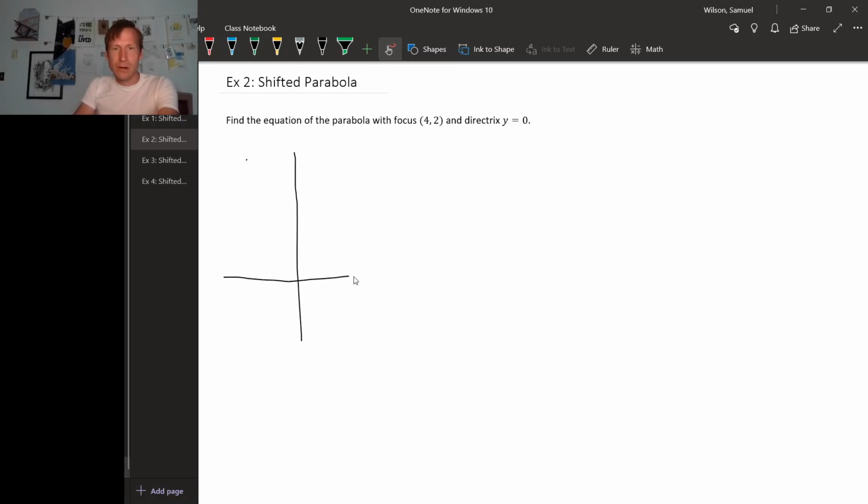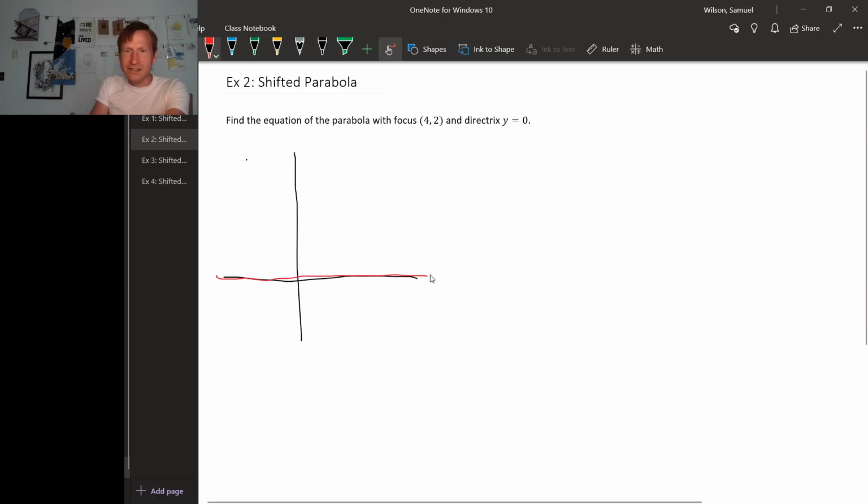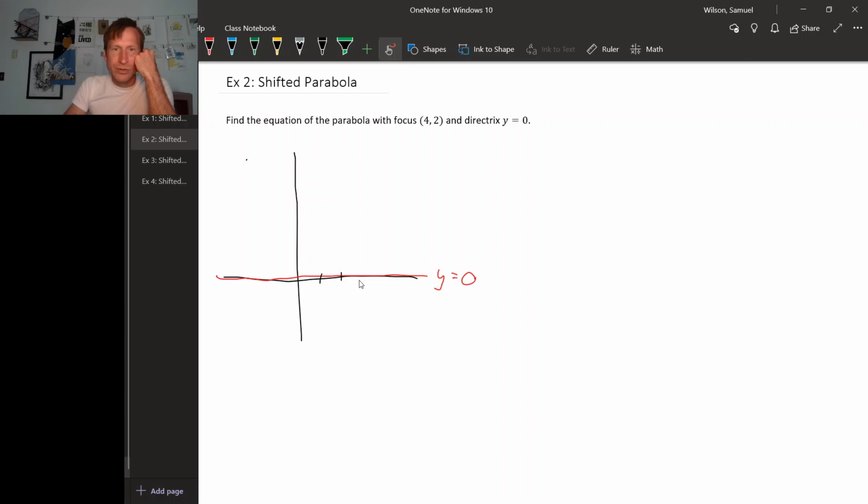If our directrix is y equals 0, that's the x-axis. And our focus is at (4, 2), so 1, 2, 3, 4, 1, 2, so here, that's our focus.